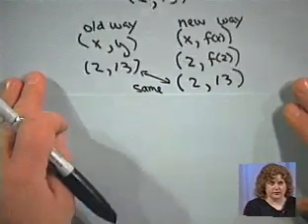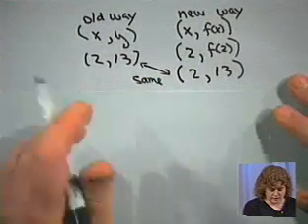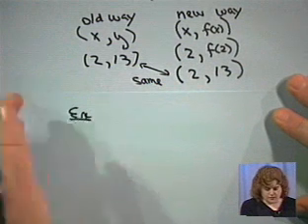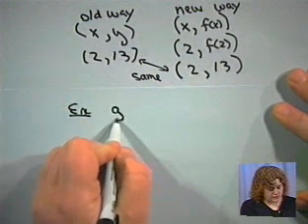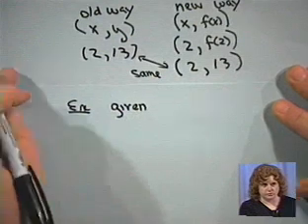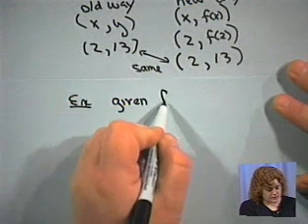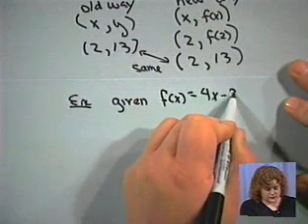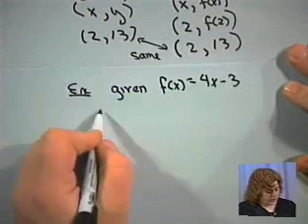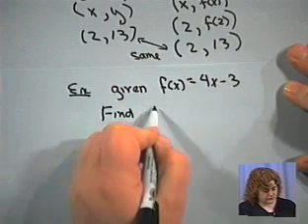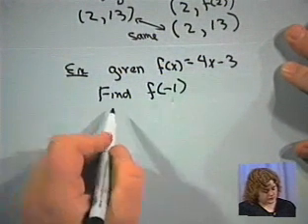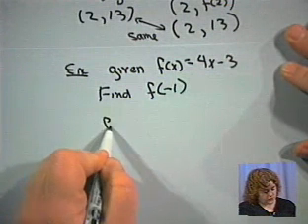Let's do another example of evaluating a function. Let's suppose you are given, and oftentimes books will write it this way, given f of x equals 4x minus 3. Find f of negative 1. Well, let's take our 4x minus 3.